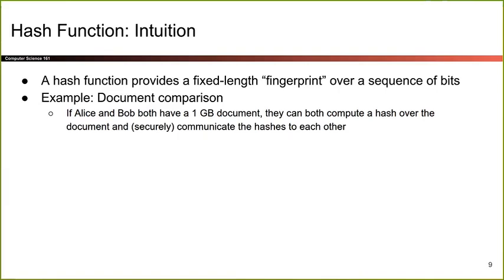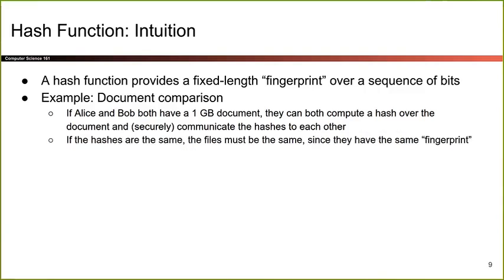Instead, they're both going to hash the document to get a fingerprint of the document. They take the 1 gigabyte document and use that as input to the hash function. The output of the hash function is n bits, because it's always an n-bit output. Now Alice and Bob can compare their much smaller n-bit outputs and check that they match.